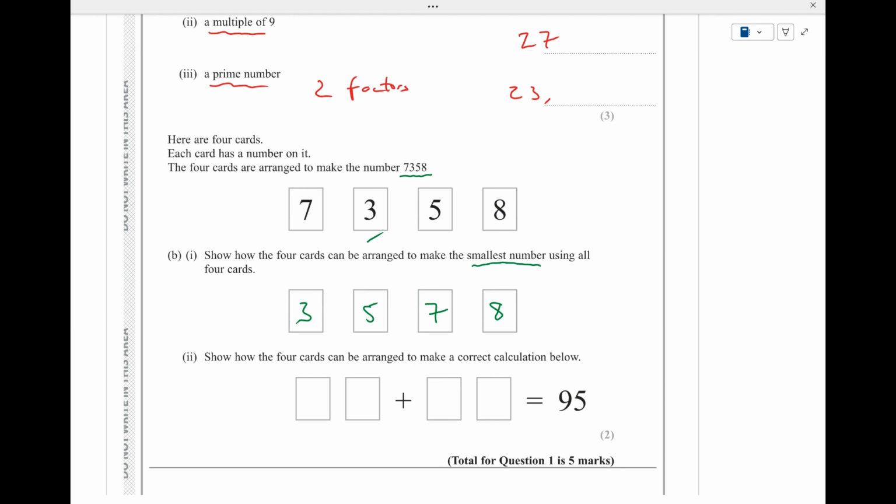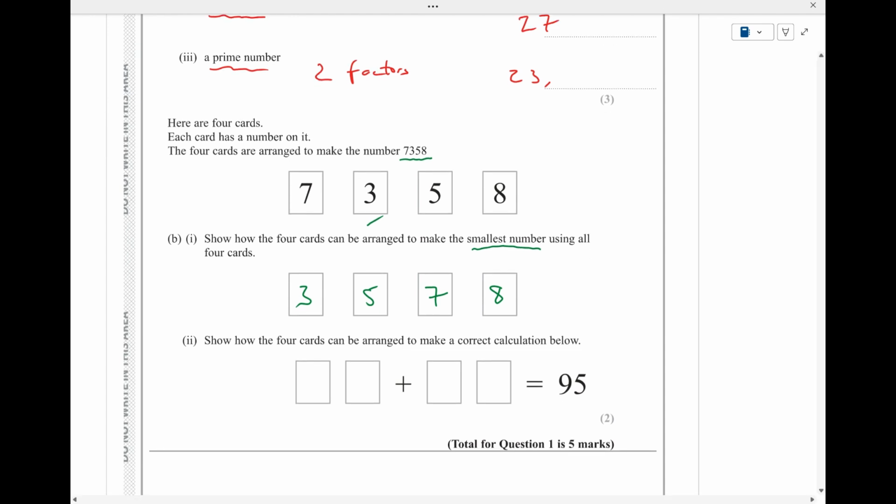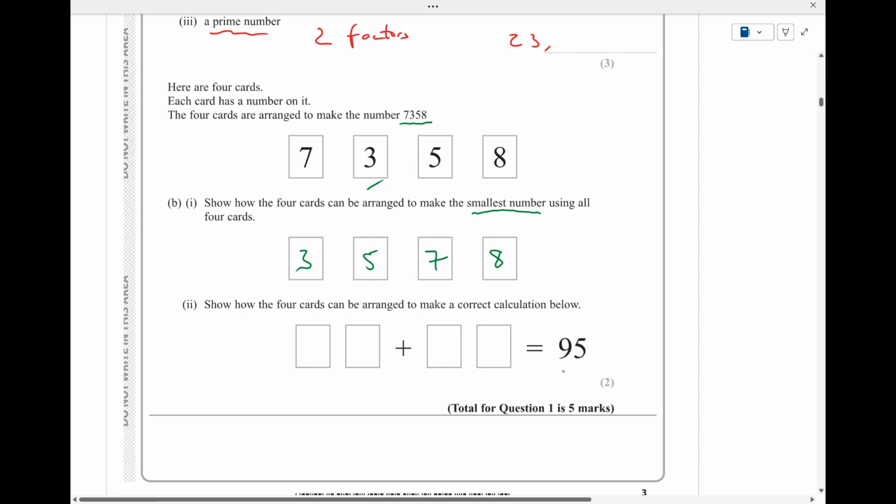Show how the 4 cards can be arranged to make a correct calculation below. A 2-digit number plus a 2-digit number equals 95. Well, you could do trial and error, of course, if you wanted to. You could look for 2 numbers which will work in the units to give you a 5.